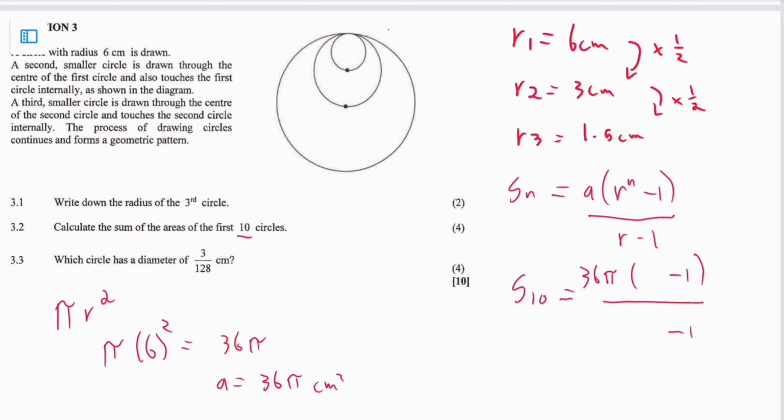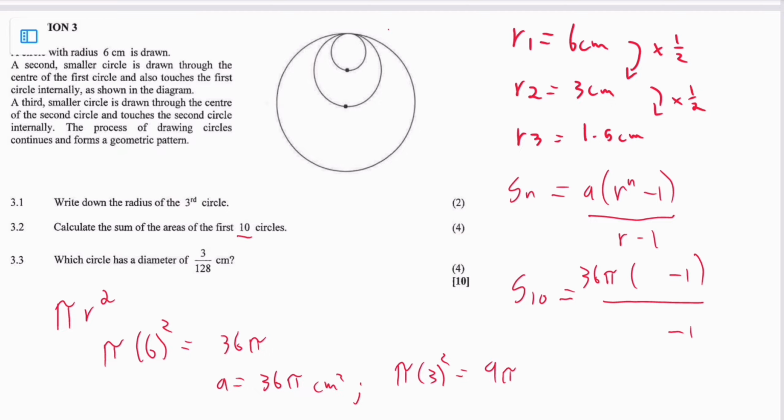Now, don't just say that R is equal to half because the radius is reducing by a half each time. Remember, we are summing the areas. So we want to compare how the area changes over time. So let's look at the second term. So a radius of 3 centimeters. So pi times 3 squared equals 9 pi.